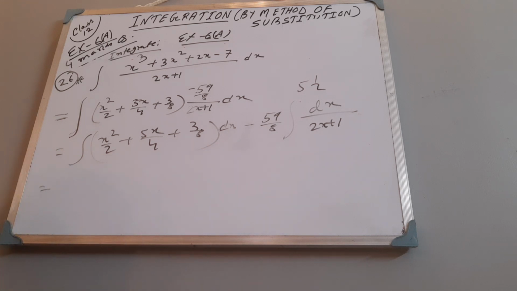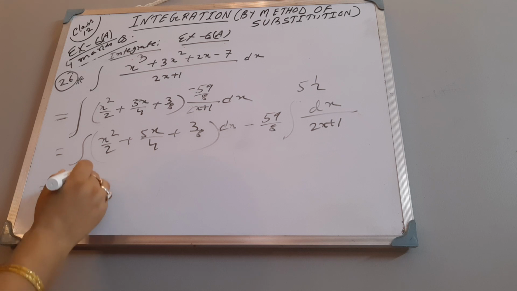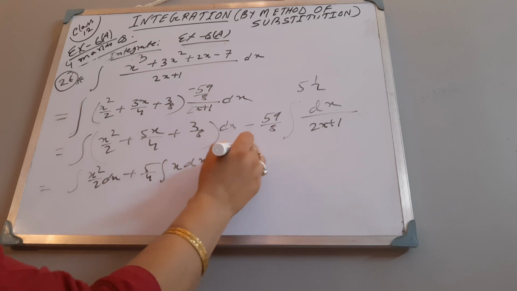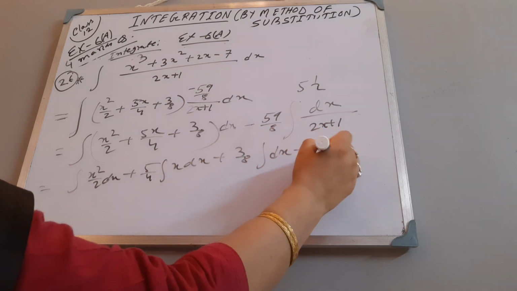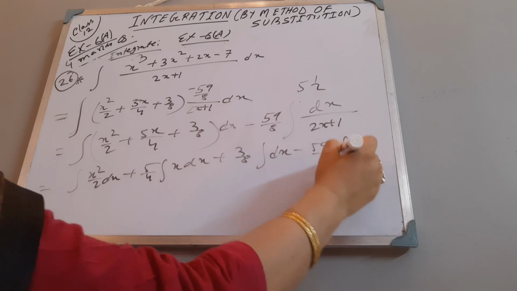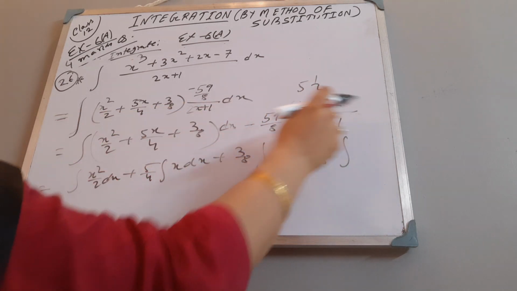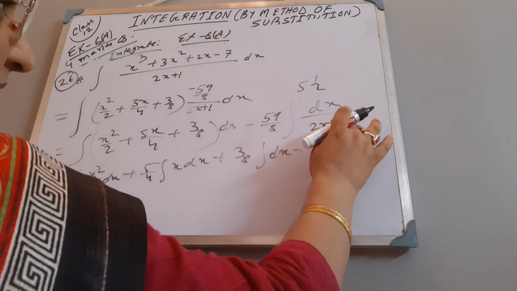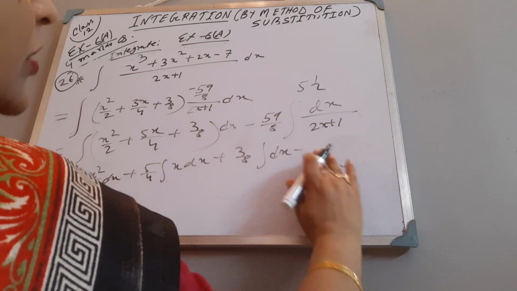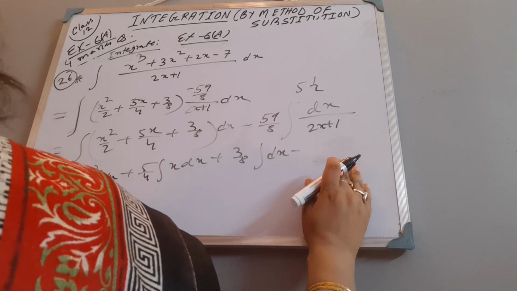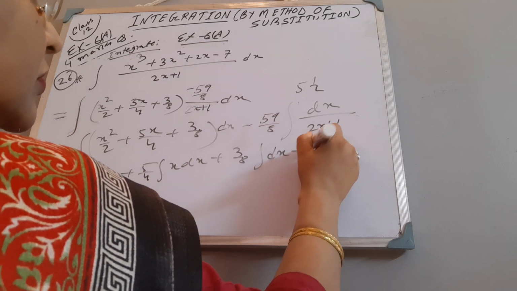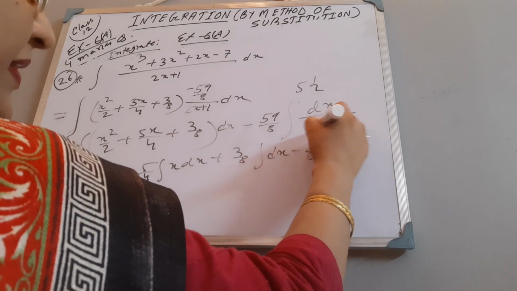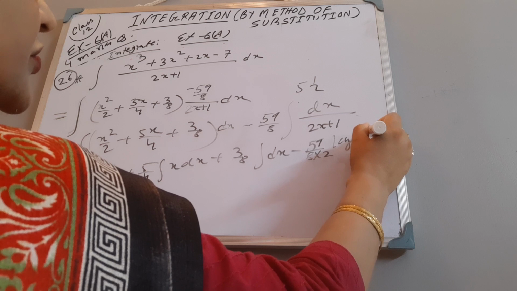Then what will we do here? Now one by one we will integrate: x square by 2 dx, plus 5 by 4 integral x dx, plus 3 by 8 integral dx, minus 59 by 8 integral 1 by 2x plus 1. So if we take 2x plus 1 as t, it will be log of 2x plus 1, divided by 2, so minus 59 by 16 log 2x plus 1.